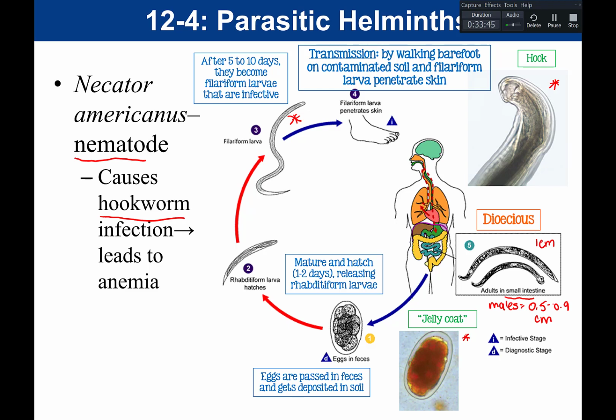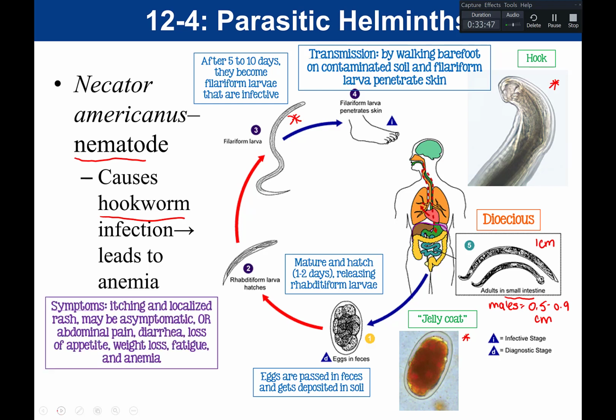So now let's move on and talk about symptoms. So if we're looking at symptoms, itching and a localized rash are often the first signs of infections. And these symptoms occur when the larvae penetrate the skin. So at the site where the Falciform larvae burrows into the skin, the patient might end up with this localized rash. A person with a light infection might not have symptoms.